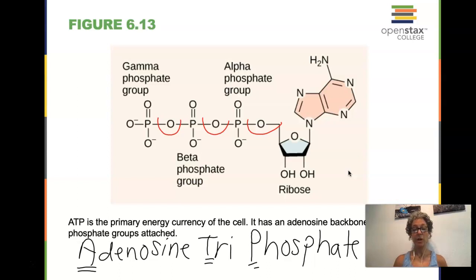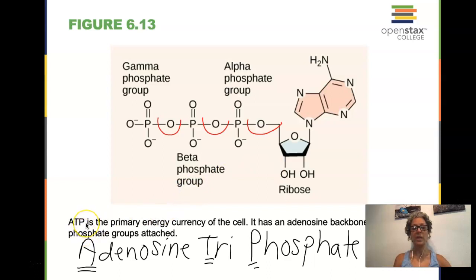It is the energy molecule that allows, if we lop off 2 of these, this is a nucleotide: the ribose, the nitrogenous base, and the phosphate. But it's the hydrolysis of these phosphate anhydride bonds that releases energy for the cell to do work.